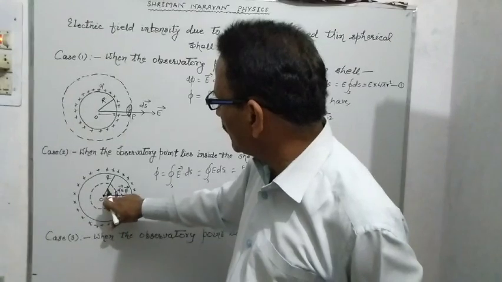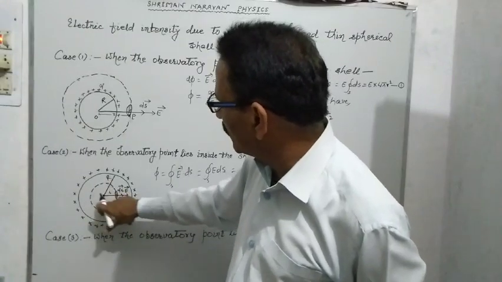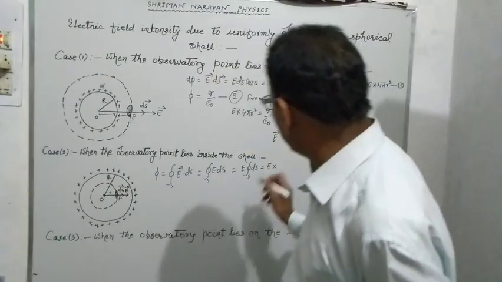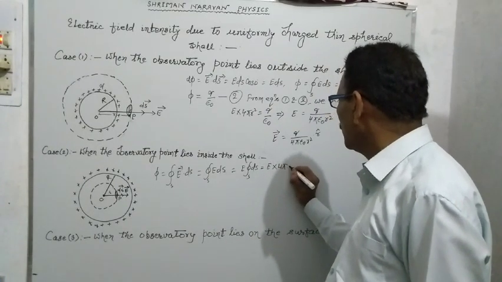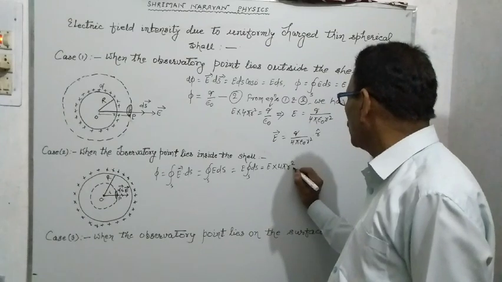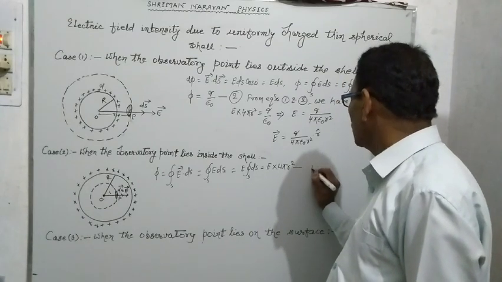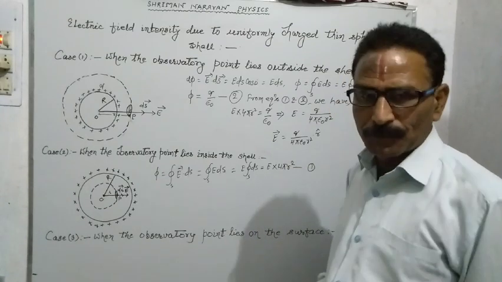Since it has radius r, the surface area of this Gaussian surface will be 4 pi r square. So we write E into 4 pi r square. Consider this is equation number 1.